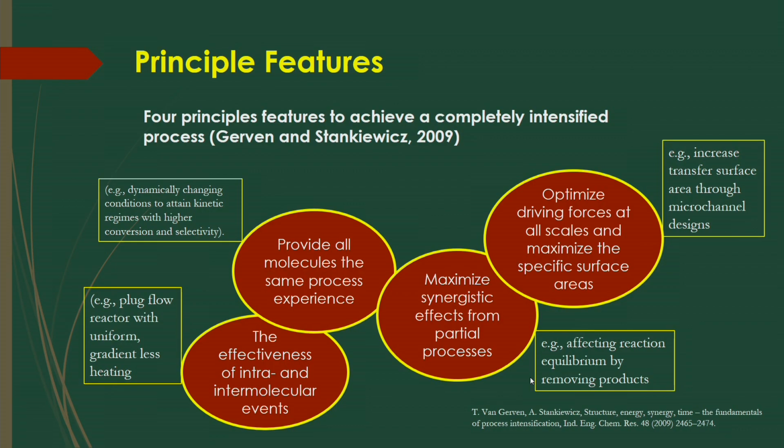Whenever you scale the process from laboratory scale to industrial scale, you have to consider all those mass transfer coefficients and how they depend on the different operating variables. Another important thing is that under dynamically changing conditions, to attain kinetic regimes with higher conversion and selectivity, these molecular effects are important.